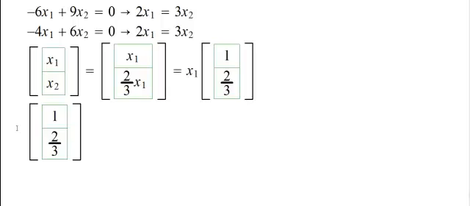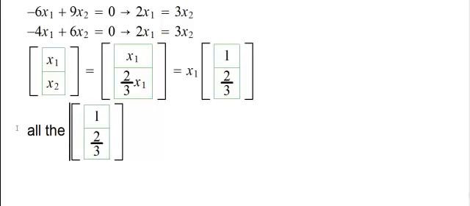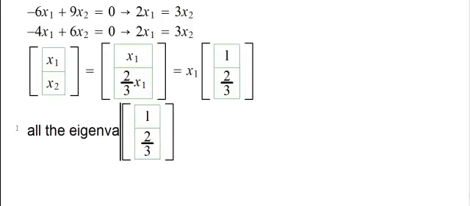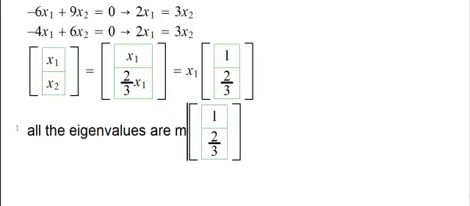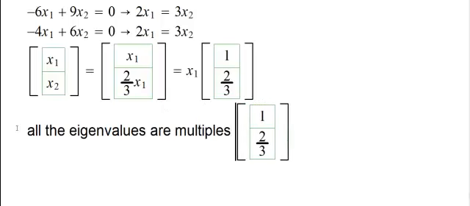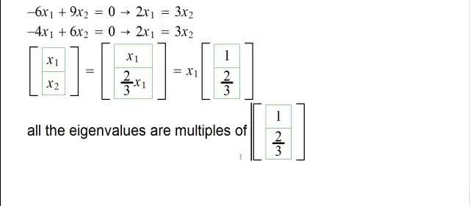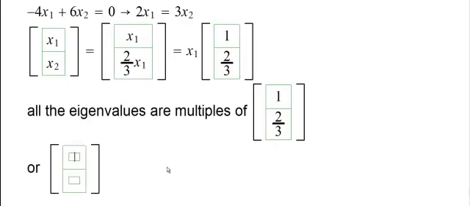So all the eigenvectors are multiples of this. Or you can write them in many equivalent forms, say you can write this as 3, 2, right? Are we good? Okay, very nice.